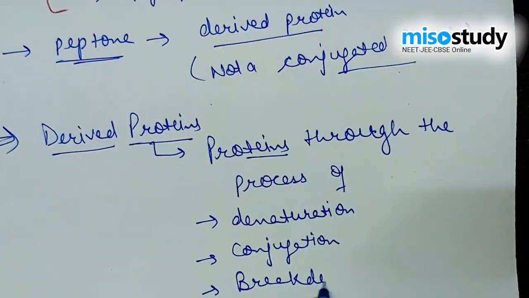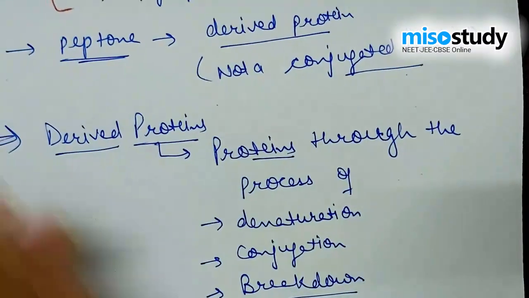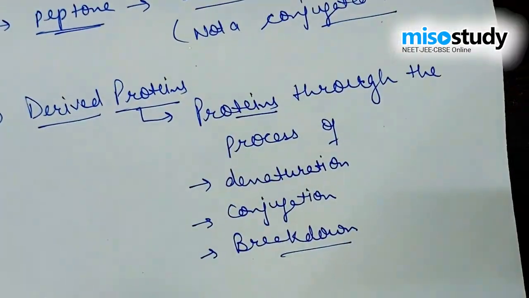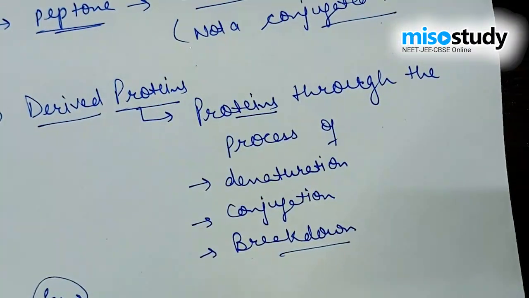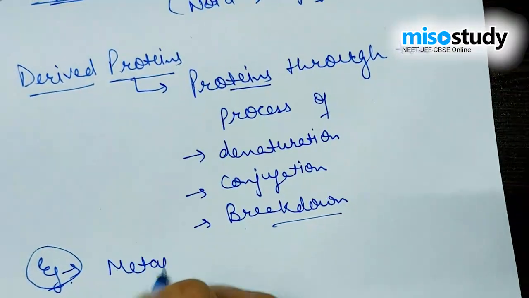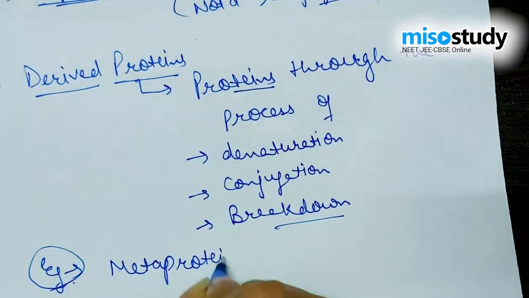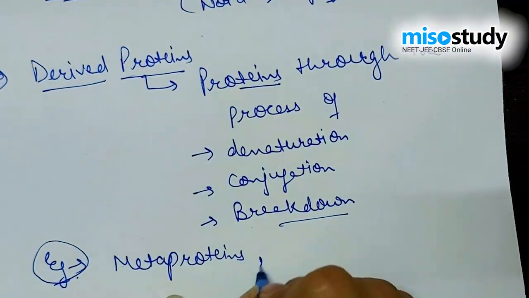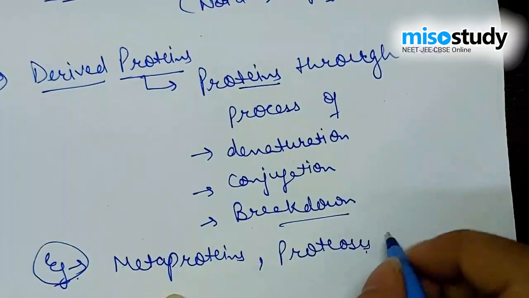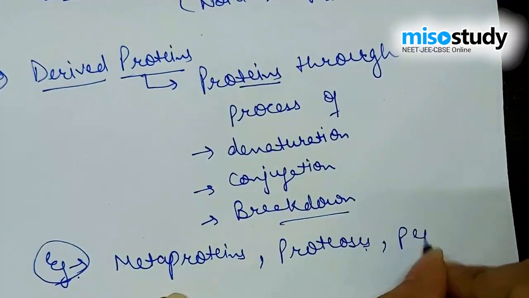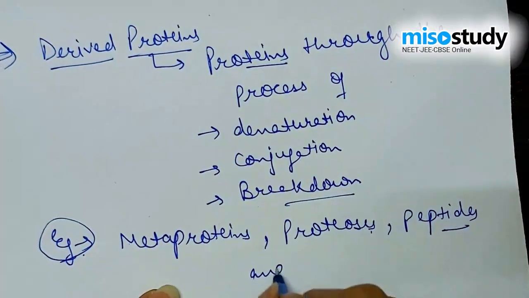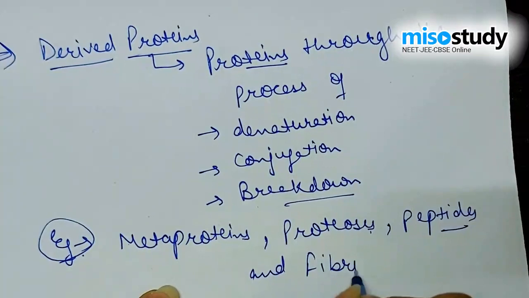Along with peptones, other examples of derived proteins are metaproteins, proteoses, and peptides. And the last one is fibrin.